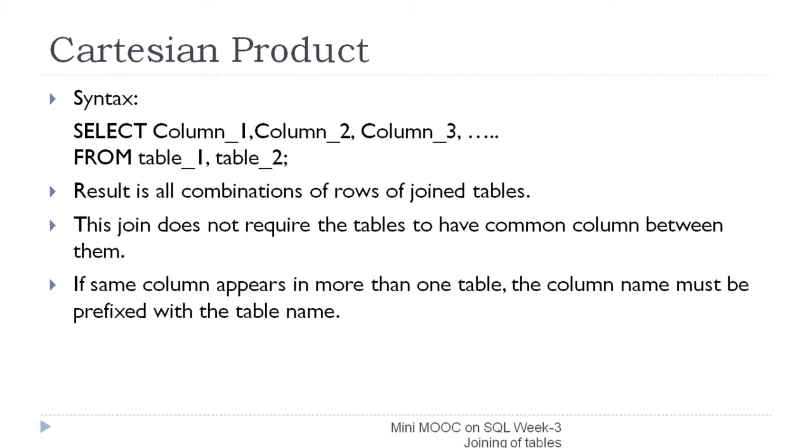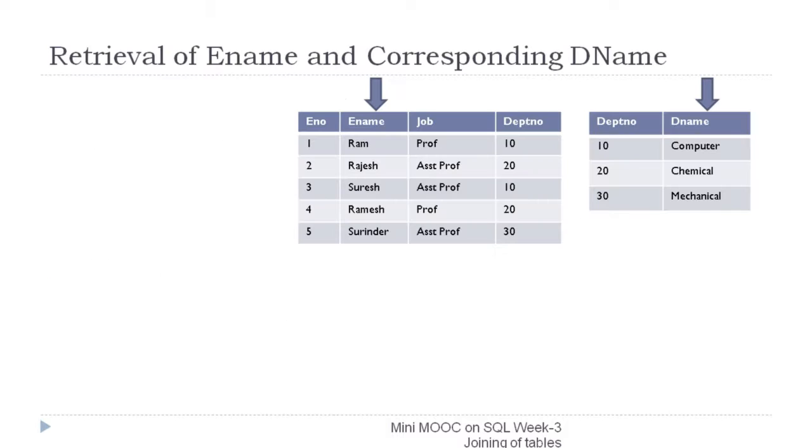It is important to note that Cartesian product does not require the tables to have common columns between them. And if the same column appears in more than one table, then the column name must be prefixed with the table name to resolve its ambiguity.